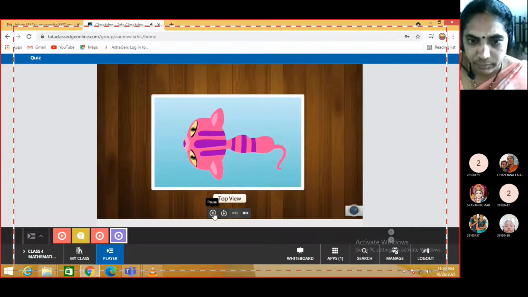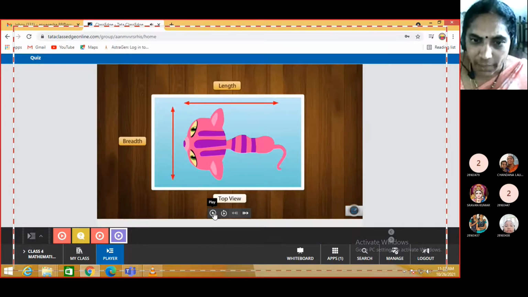Look, this picture has been taken from above Catty. It is the top view. It gives us a good idea of her length and breadth. Yes, in the top view, we observe the breadth and length of the catty.